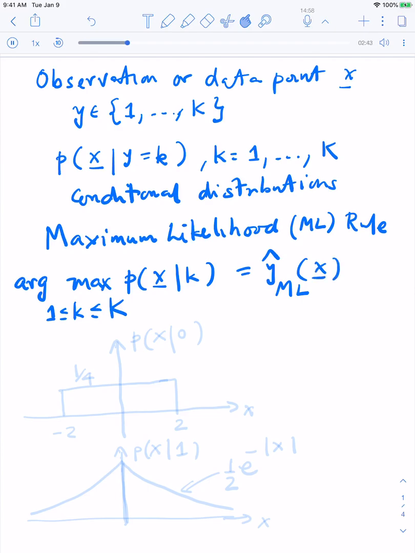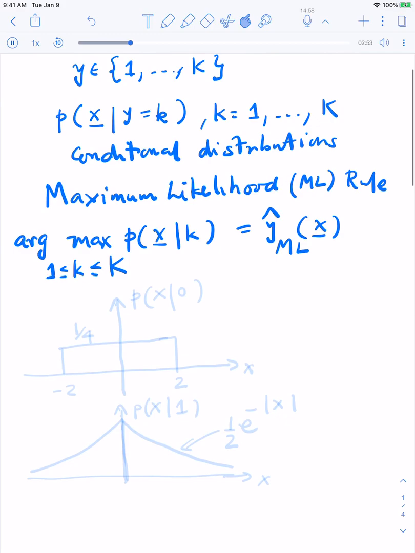This is the maximum likelihood Y hat, which of course depends on the data point that you actually see. Let's just illustrate this by an example. Suppose you are given, let's just consider two hypotheses here, two classes. Then we'll call them 0 and 1 rather than 1 and 2, as we usually do when there are only two classes. Let's suppose that one of them is uniform from, say, -2 to +2.